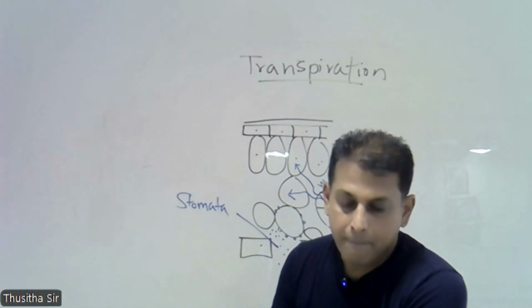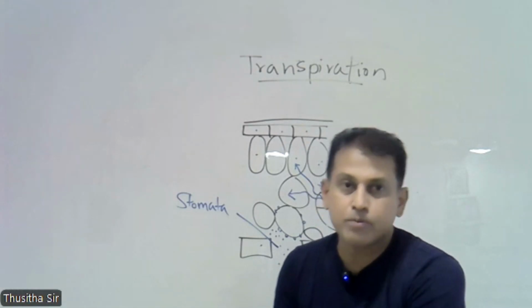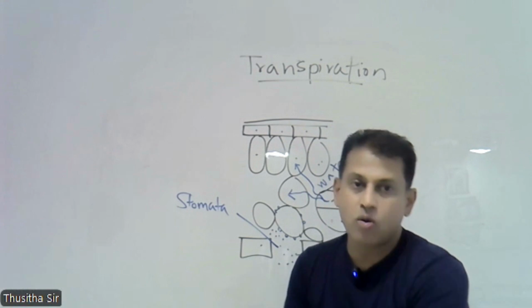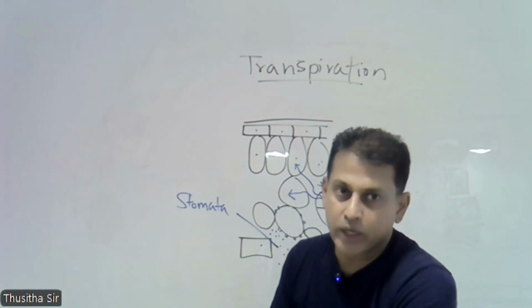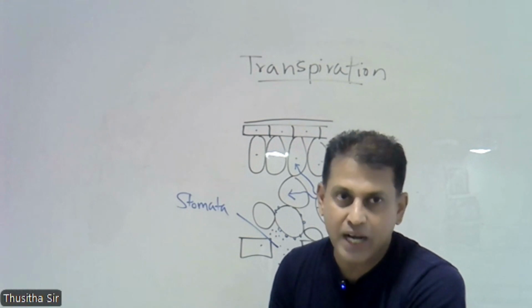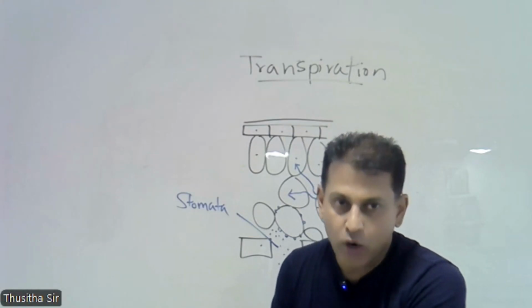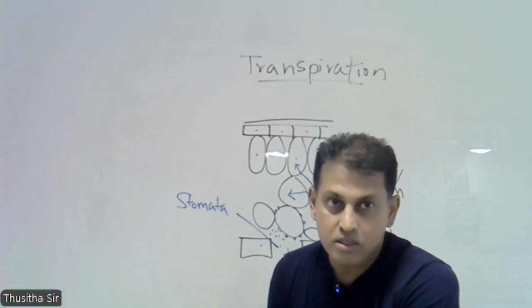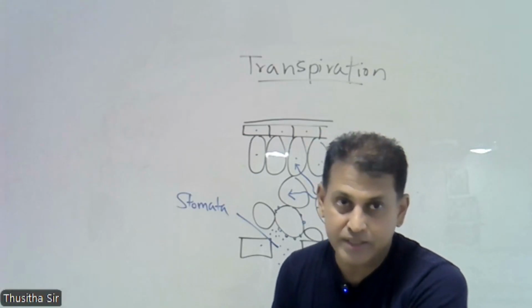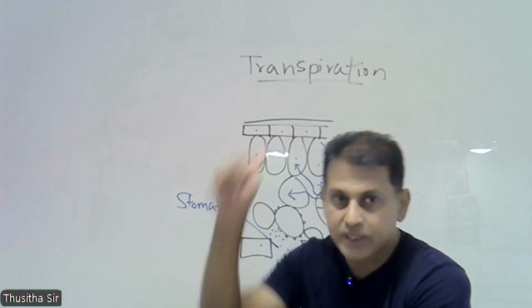Number one, the transport system of the plants consists of xylem and phloem. The xylem transports water and minerals upwards. Phloem transports nutrients such as sucrose and amino acids upward and downward.